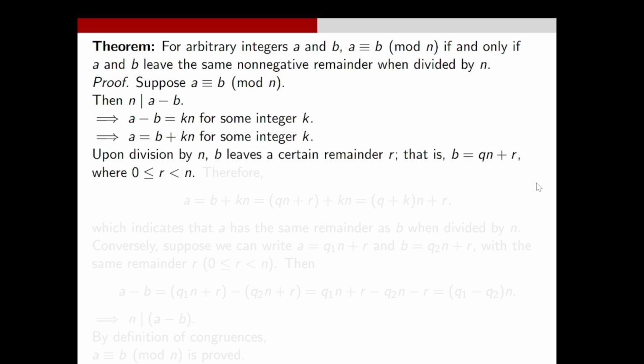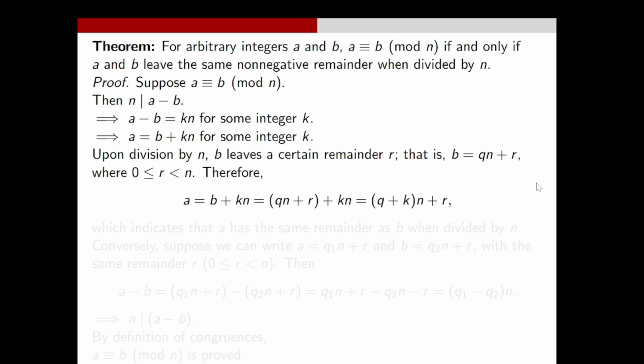Upon division by n, b leaves a certain remainder, say r. That is, b is equal to qn plus r, where r is greater than or equal to 0 and less than n.